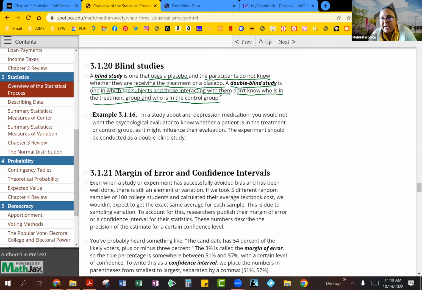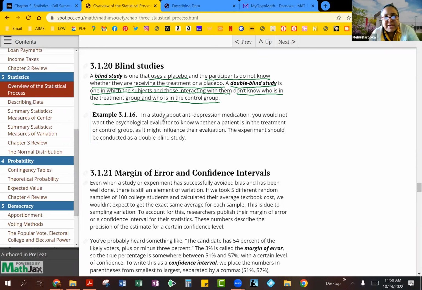But in a double-blind study, even the people who are interacting with the subjects wouldn't know who these people are or which group they belong to. It would really only be very few people at the top who are actually conducting the research who would know. But in the normal everyday interactions, those people would have no idea which group these people belong to.